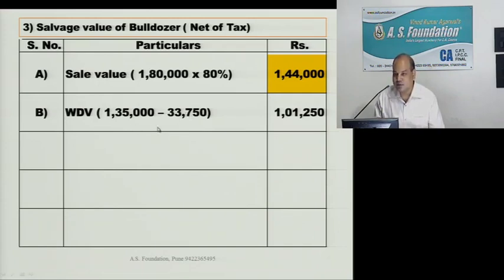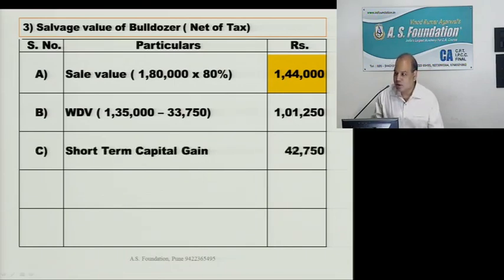So therefore, there is a gain. Salvage value is more than book value. Short-term capital gain 42,750, and then tax at the rate of 35%: 14,963.